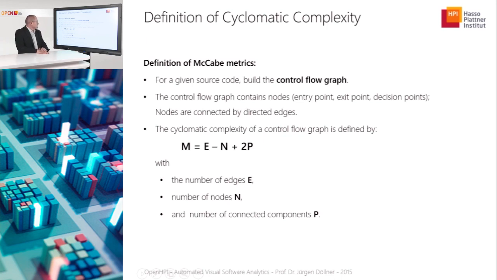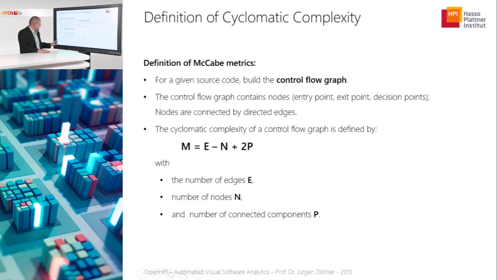So the control flow graph at the end consists of a set of nodes and a set of edges. The cyclomatic complexity can now be calculated as follows. It's the number m that results from calculating the number of edges minus the number of nodes plus 2 times the number of connected components.